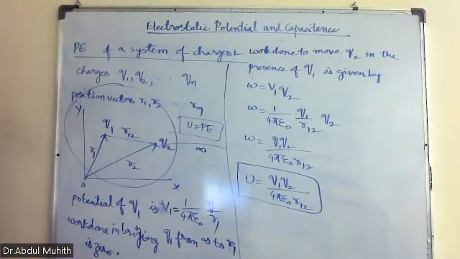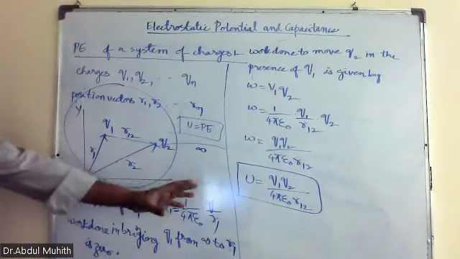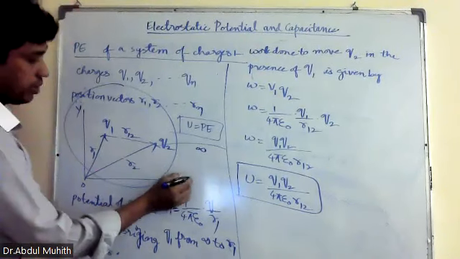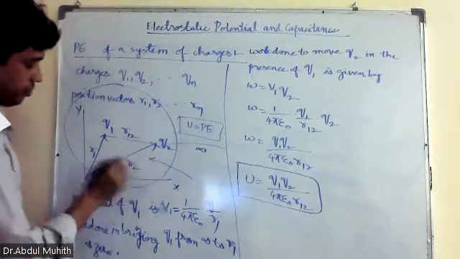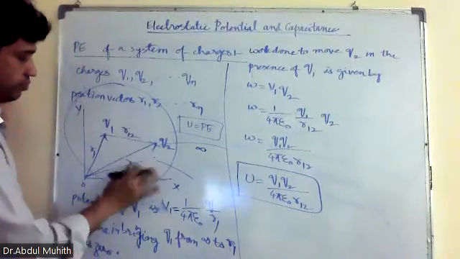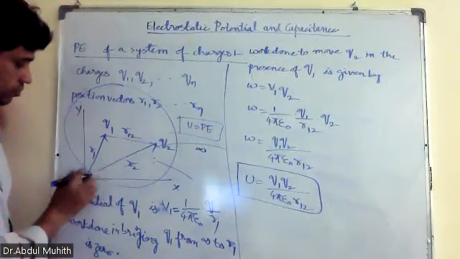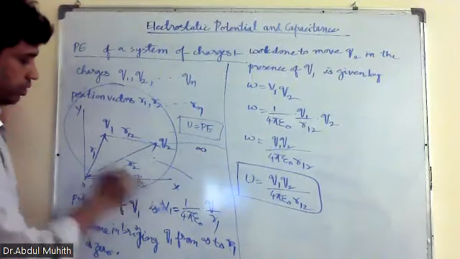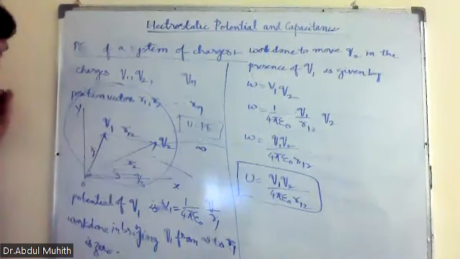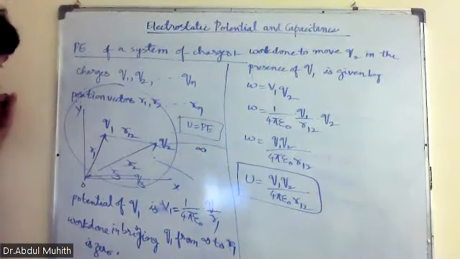Now I want to bring 3 charges. Now I want to bring the next charge, Q3, under the influence of Q2 and Q1.